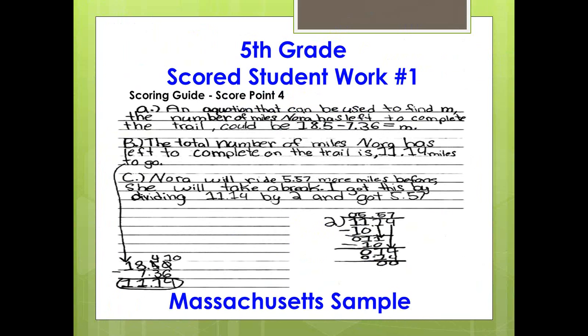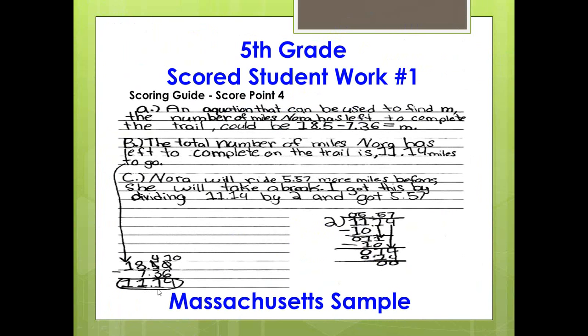On part B, the total number of miles Nora has left to complete on the trail is 11.14 miles to go. The student provided that information at the bottom: 18.50 minus 7.36 left you with 11.14.